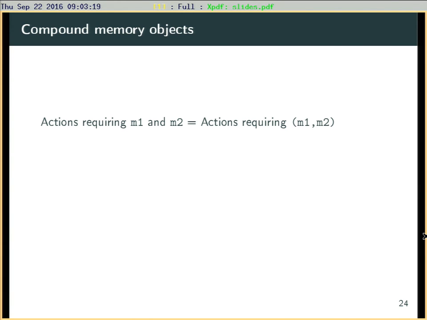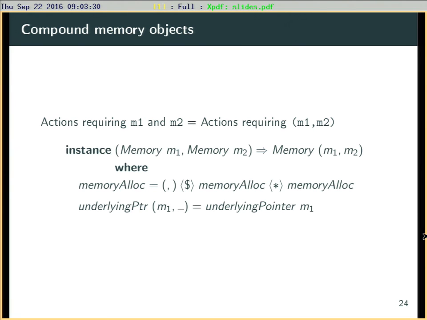For example, consider a memory action that requires two memory functions, and we can think of it as a memory action that takes a pair of memory elements, and you can define a memory instance for this pair by just using the applicative instance, and there is no place where we actually do any explicit pointer arithmetic or size calculation.